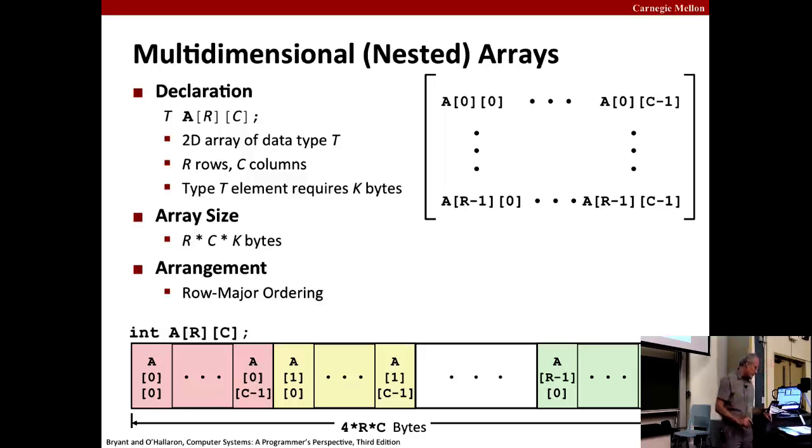It says that A4 is an array of 3 elements. And those elements are pointers, and they point to ints. All right? So A4 is an array.